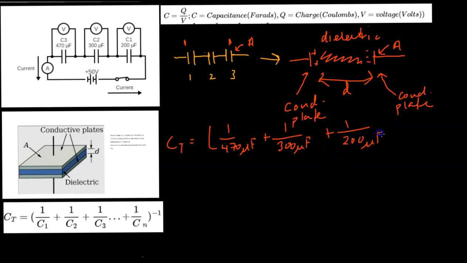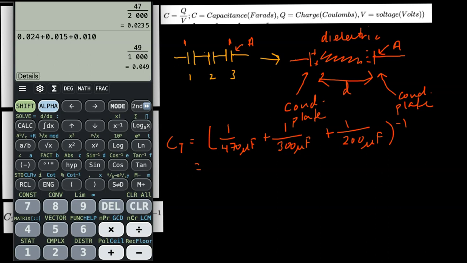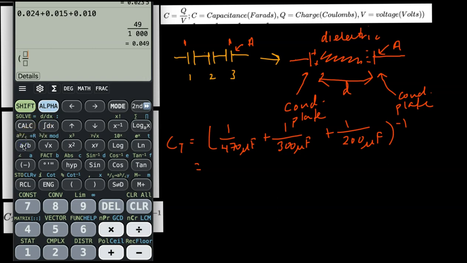Okay? Take the inverse of that. That'll tell us what the total capacitance is. We're going to have, let's open up these brackets, add the fractions in. 1 over 470 plus 1 over 300 plus 1 over 200.